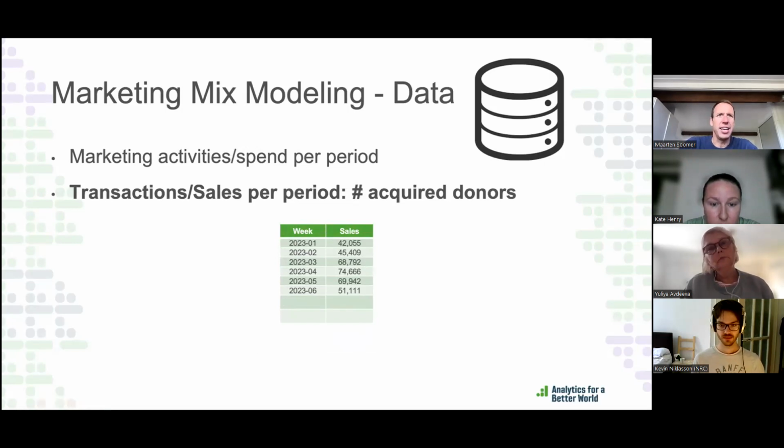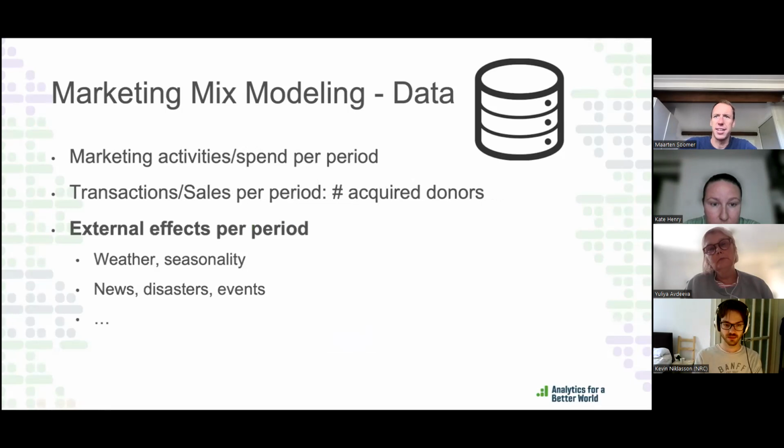And then there's actually a third data source that can be very important in these kind of models, and that's external effects per period. Why is this so important? You can imagine sales or the number of donors you acquired is not only influenced by the marketing activities that you're doing. There can also be all kind of external effects like weather, like seasonality, that impact the number of acquired donors.